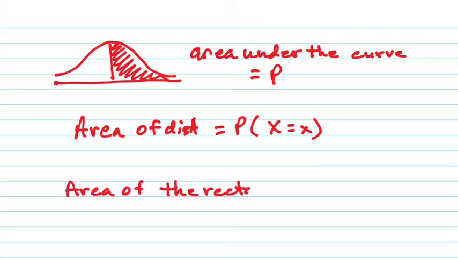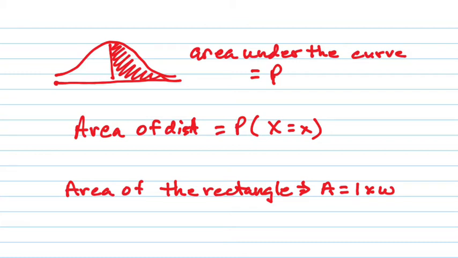Now, anybody remember the area formula for a rectangle? Area equals what? Length times width, right? And it doesn't matter which one you call length and which one you call width. You can mix them up as much as you want to. It makes no difference. Yeah? So we're going to use that definition, length times width, to be able to find the probabilities that we need.